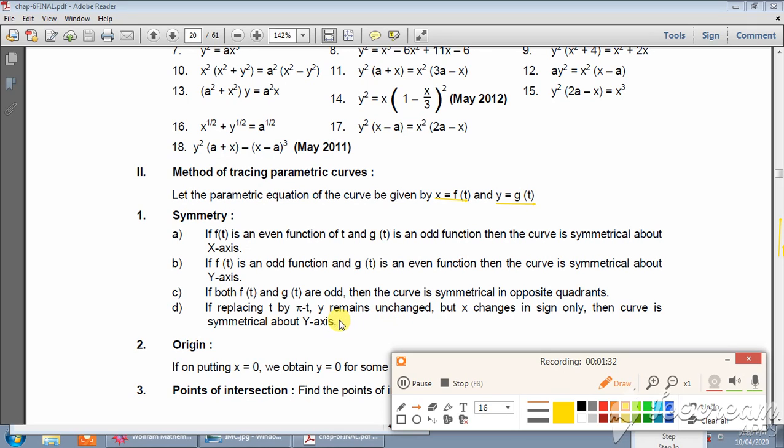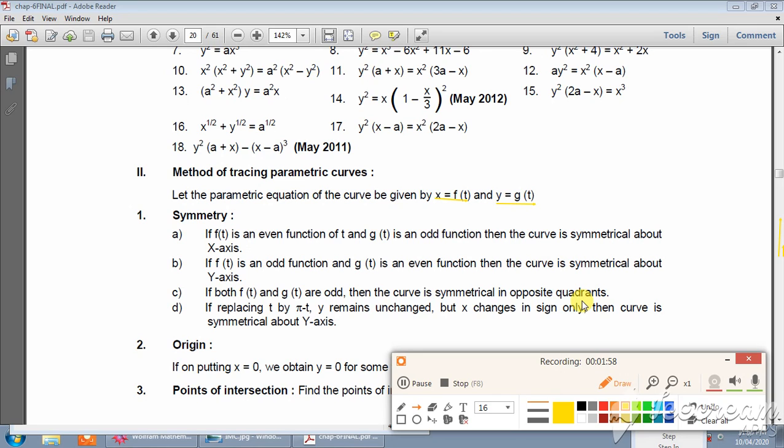Now let me tell you a shortcut for your syllabus. All the parametric curves are definitely symmetrical about the y axis. There are in total 6 curves in your syllabus. Out of that, the cycloids are symmetrical about the y axis, 4 curves are symmetrical about the y axis, and the remaining 2 curves are symmetrical about both the axes. Remember that, that will be a shortcut for you.